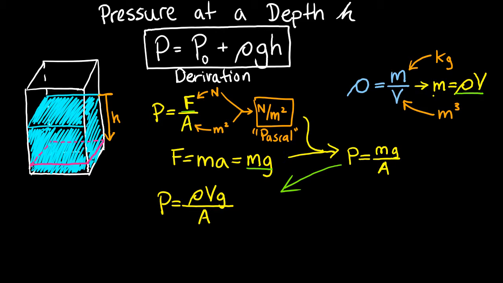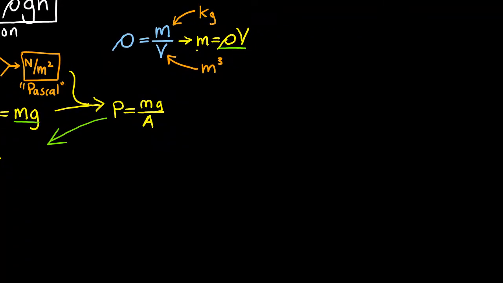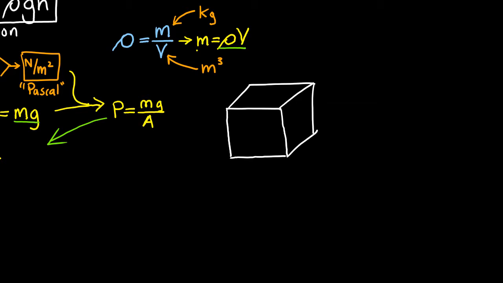We have to think back to what volume really is. A three-dimensional object has length, width, and height. This prismatic object, and it also works for cylindrical objects, shows us that volume is length times width times height.